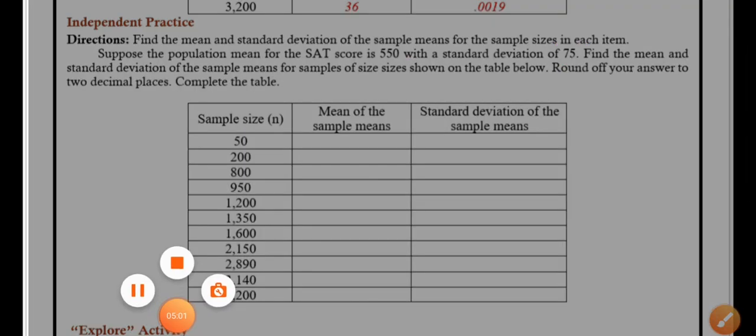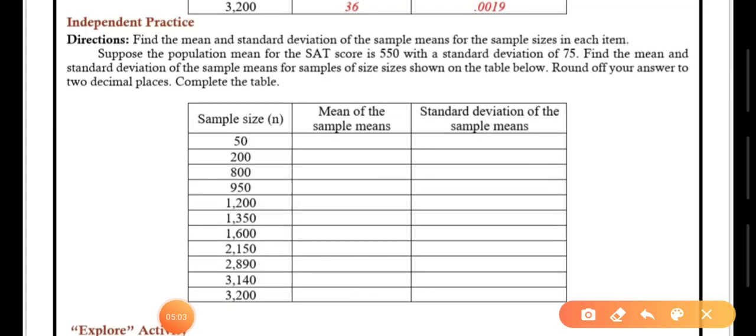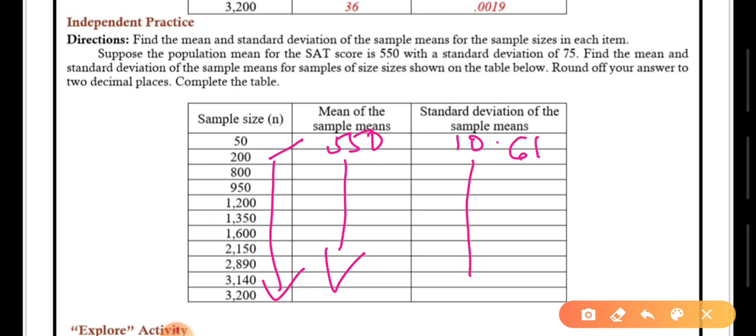It's going to be 10.6066, or rounded off to 2 decimal places, 10.61. The mean is 550 up to the last number. So you are to do the remaining numbers up to the last one. Just answer this.